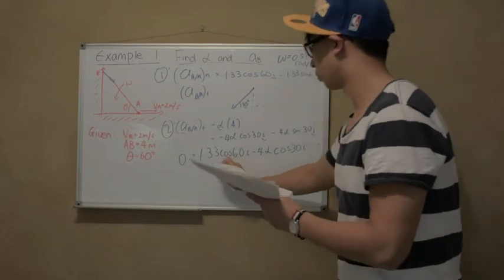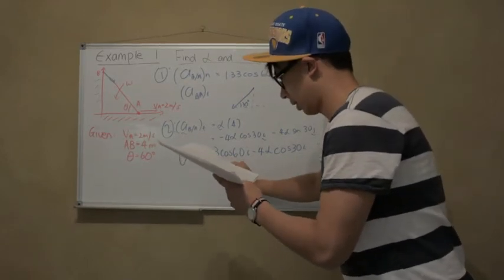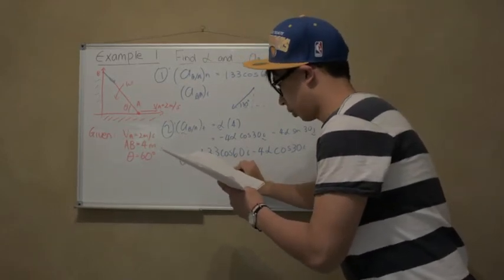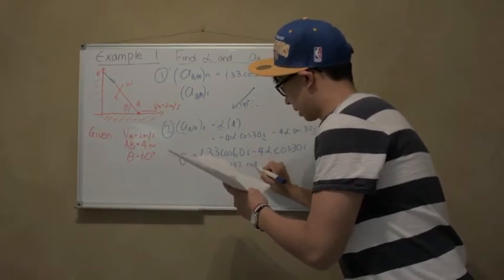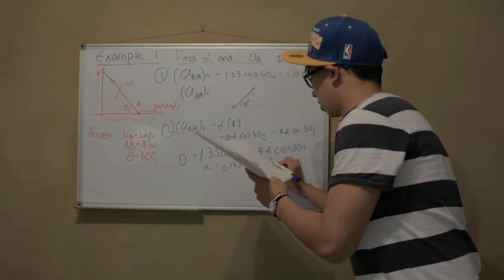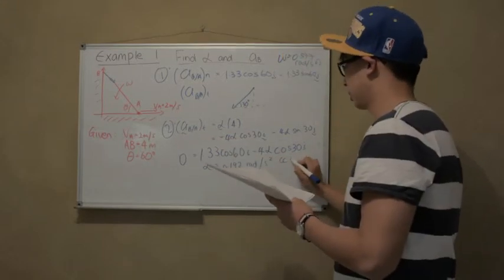From here we can solve alpha, and alpha is equal to 0.192 radians per second squared counterclockwise.